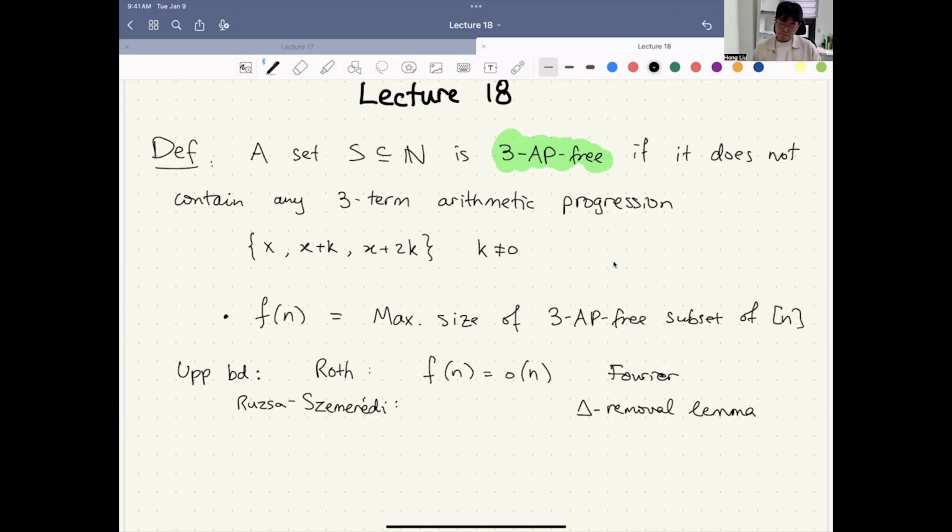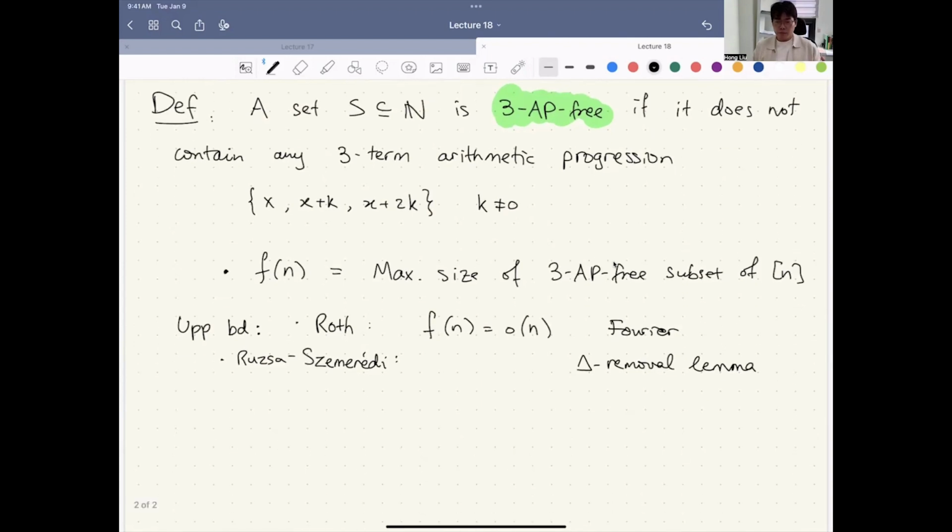Then later, many people like Gowers, Sanders, and others used more delicate, more advanced Fourier analysis methods to improve this bound to n over polylog n.